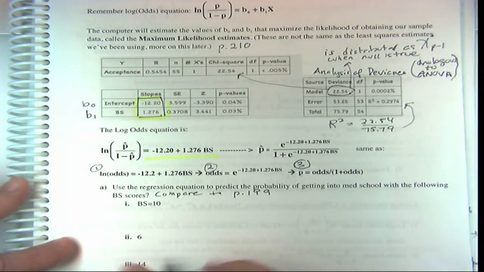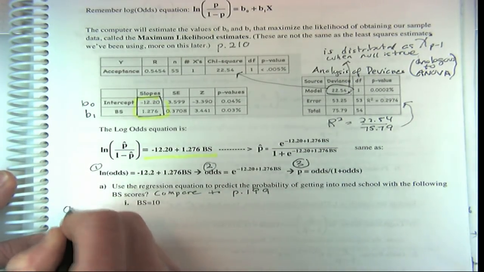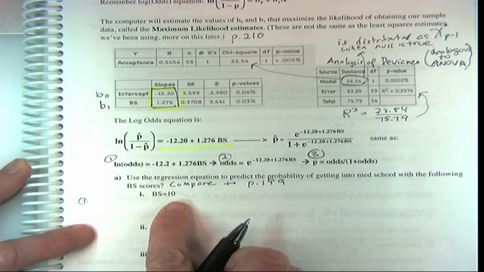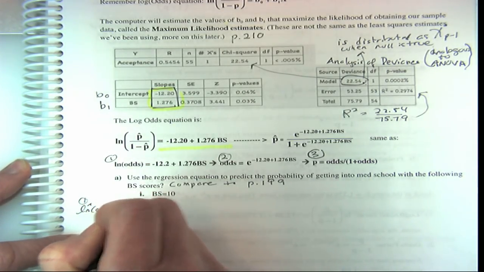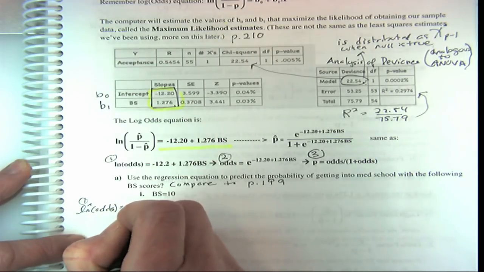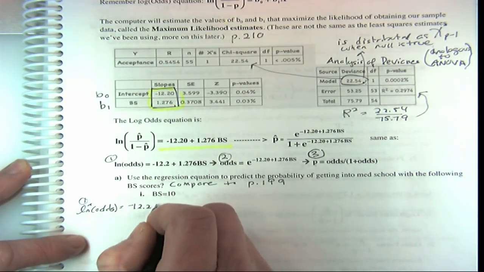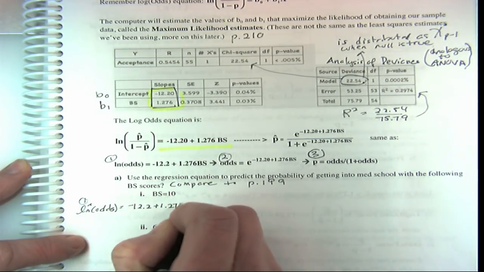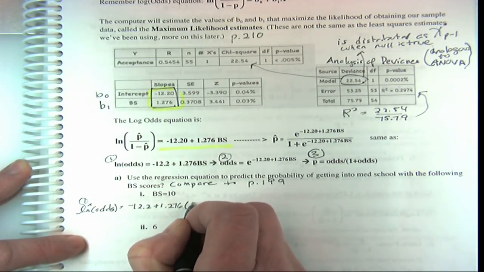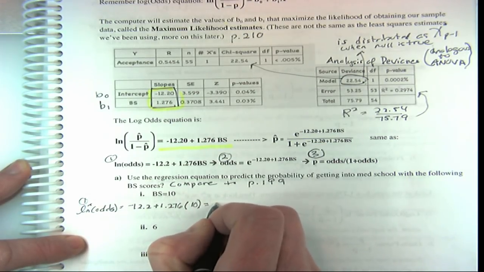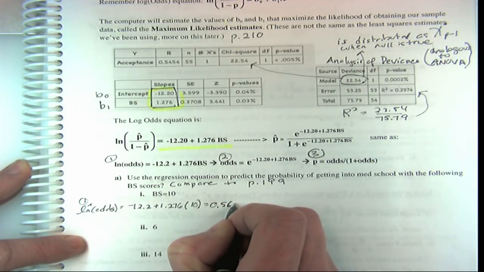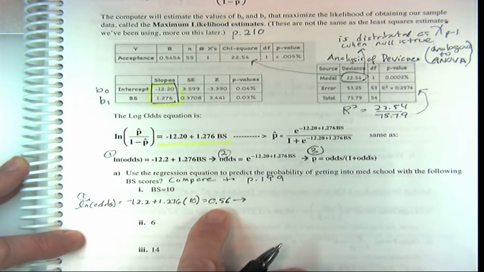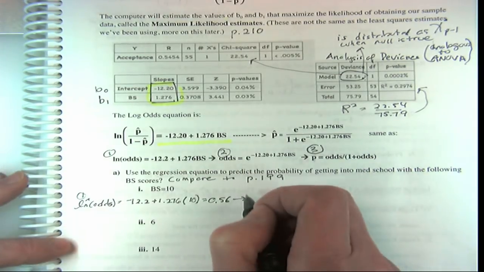So this is pretty simple. We'll just start right here with our predicted log odds is equal to negative 12.2 plus 1.276 times 10. And here I get 0.56. So now I want to change that to the odds.